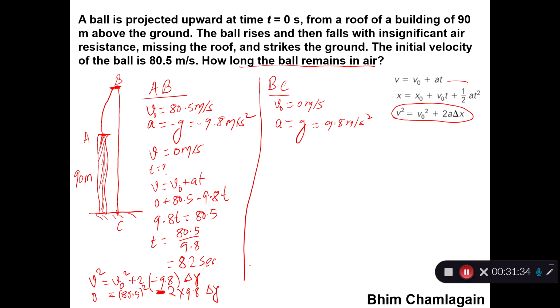If I solve over here, 2 times 9.8 times delta y is equal to 80.5 squared. So delta y is equal to 80.5 squared divided by 2 times 9.8.